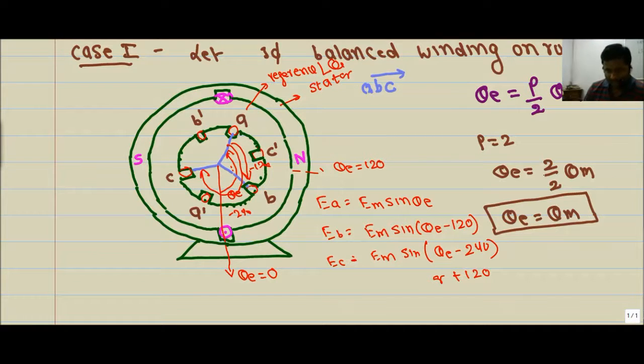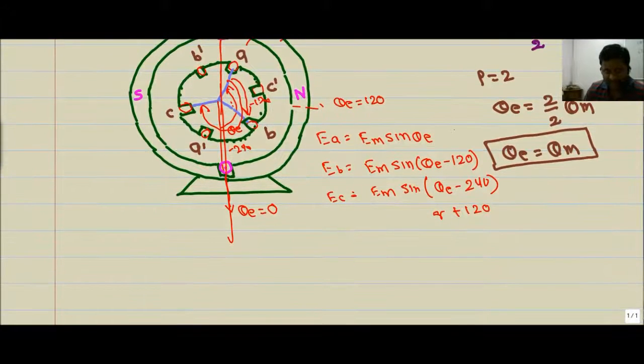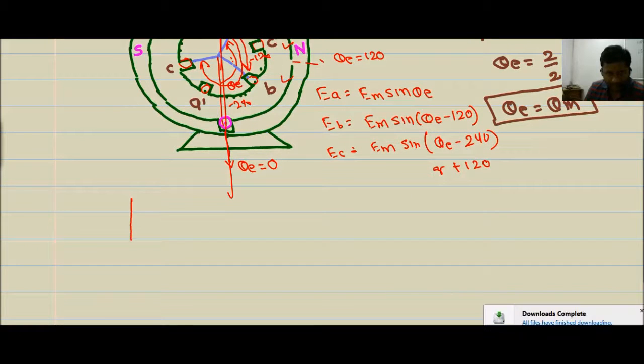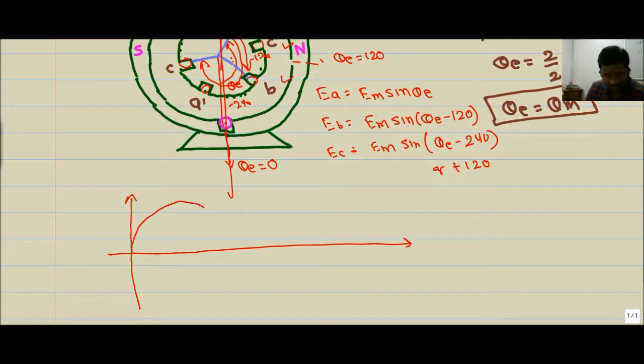If we cut this section in this fashion, under the influence of north there are three conductors: A, C dash and B dash. This is the influence of north and this is the influence of south.